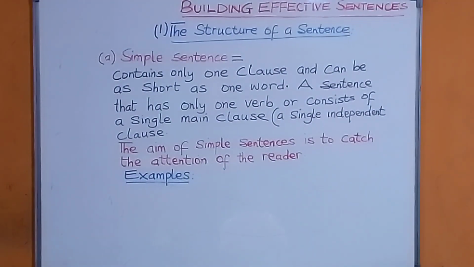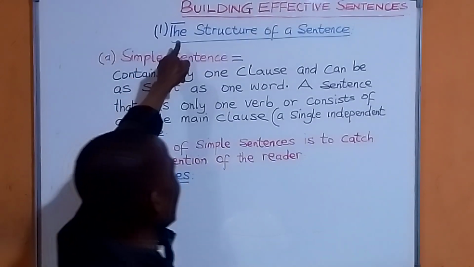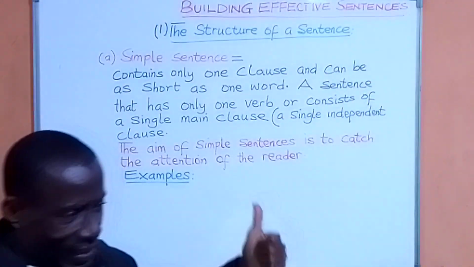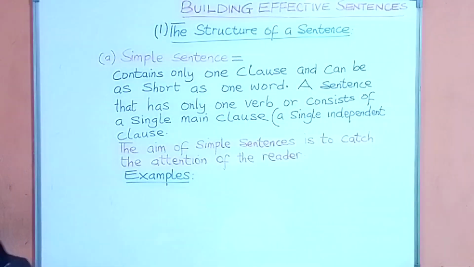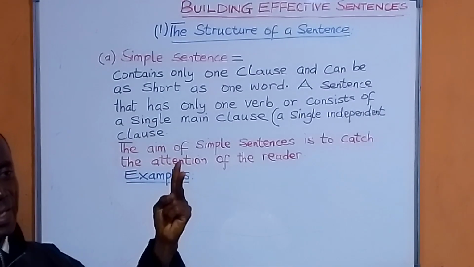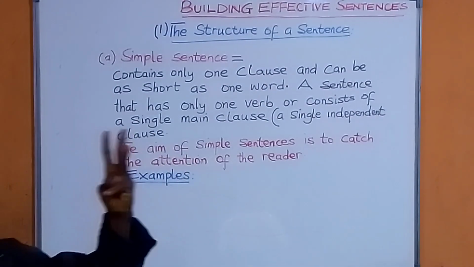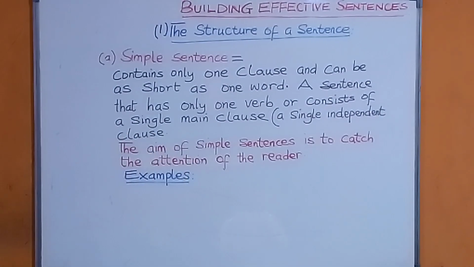We build effective sentences by, one, looking at the structure of a sentence, two, looking at the order of a sentence, and three, looking at the purpose of a sentence.